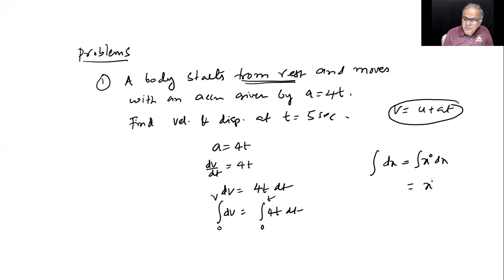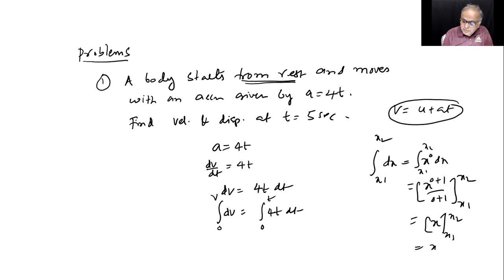So the integration gives x to the power 0 plus 1 by 0 plus 1, between x1 and x2. So what do I get? This is x, children, isn't it? Between x1 and x2, this should be written as: substitute x2 first, put a minus sign, write x1. This is what you mean by delta x. This is the thing I'll be using every time.